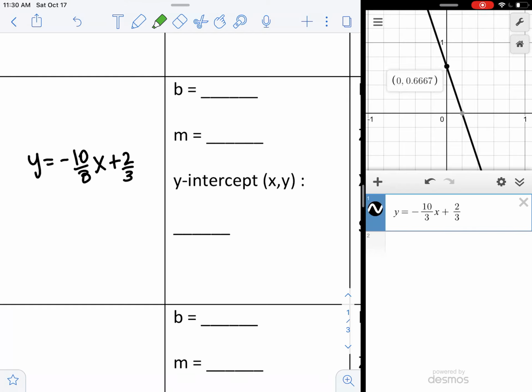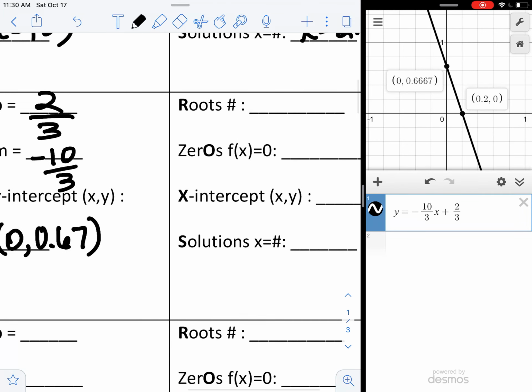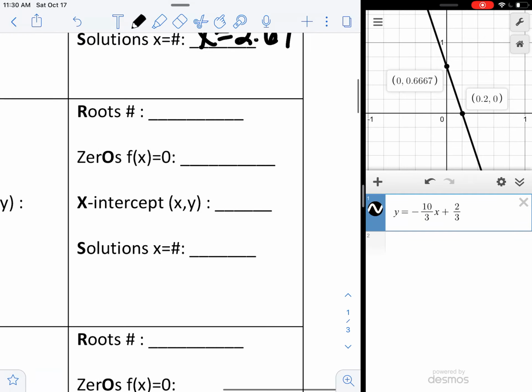We have our y-intercept, which is that guy right there. So you can write it as 2/3. Your slope is -10/3. And your y-intercept, you can again write it as 0.67. Let's do our x-intercept. Your x-intercept is (0.2, 0).